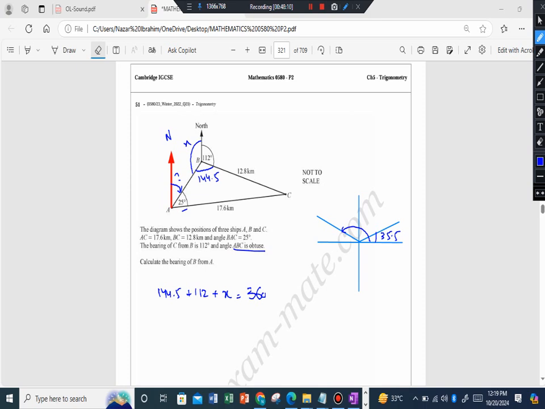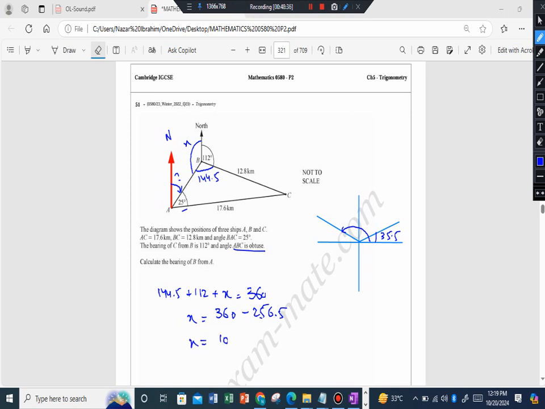So 144.5 plus 112 is 256.5. So x is equal to 360 minus 256.5, which gives me 103.5.